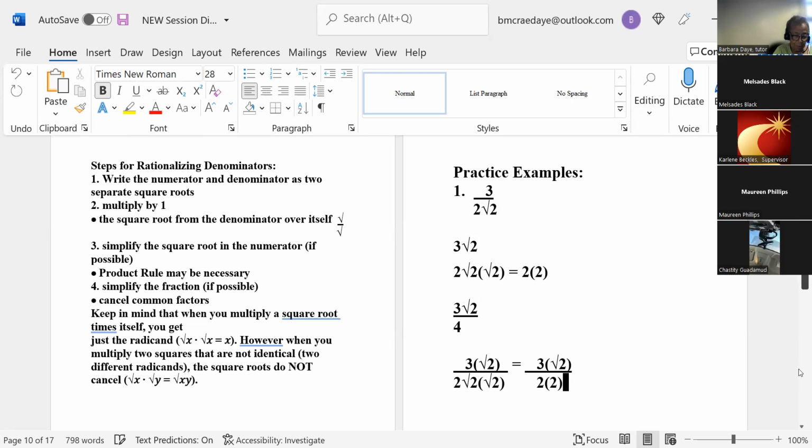Remember I said when you multiply a radical times the same radical, you just get the radicand. So that's just a 2, right? So that would just be equal to 3 times the square root of 2 over 4. That's your answer.